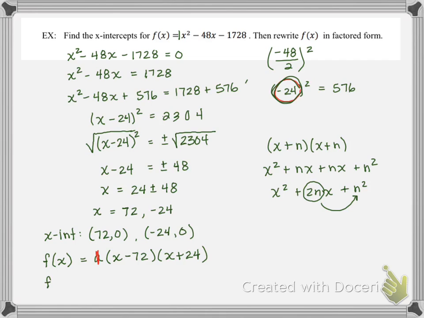So f of x equals x minus 72 and x plus 24. Often, instead of having you do all of this, we just give you the solutions and have you factor it.